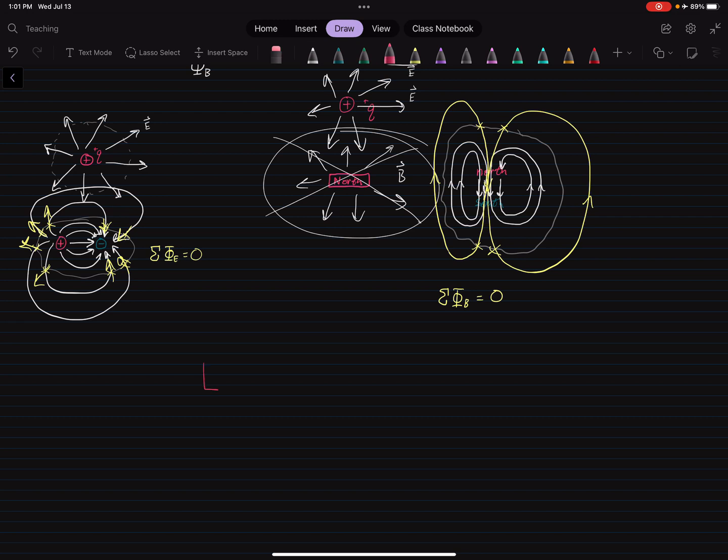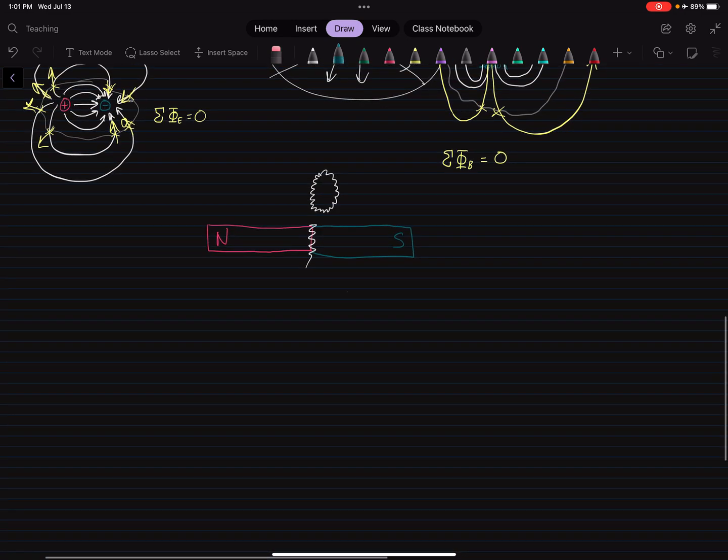So if you have a bar magnet, you might be inclined to think, well, gosh, I know bar magnets have norths and souths. This is the south end, and this is the north end. What if I just took a saw and cut right through and separated these two pieces? Well, then you would think that you would have a full north and a full south.